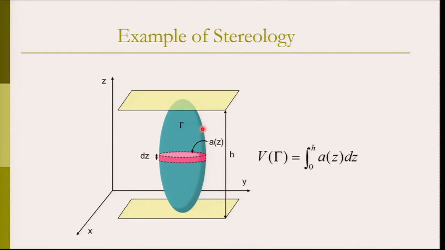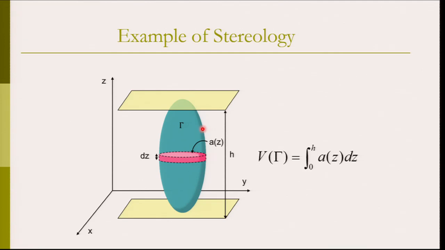So, on the right hand side you can see the volume of the object is defined in terms of the cross sectional area multiplied by height dz, and then we integrate between 0 to height, which is h.